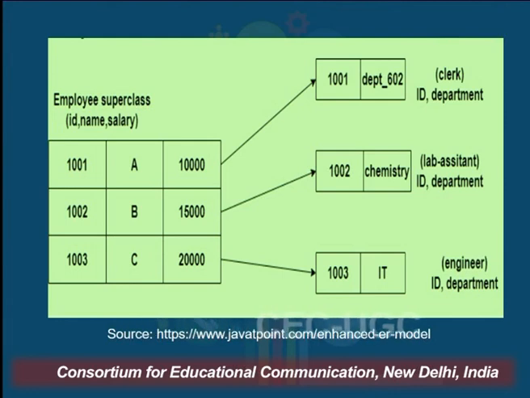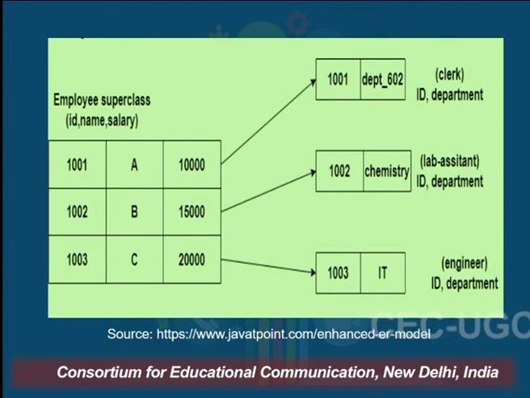This relation has three attributes: ID, name, and salary. Here we have shown three rows: ID 1001 with name A and some salary, 1002 with B and some salary, similarly 1003 with C and some salary.